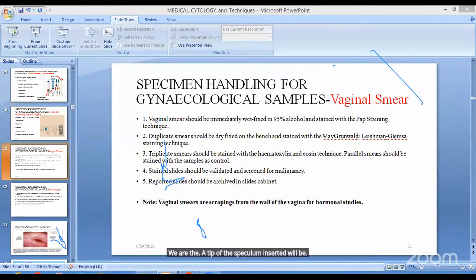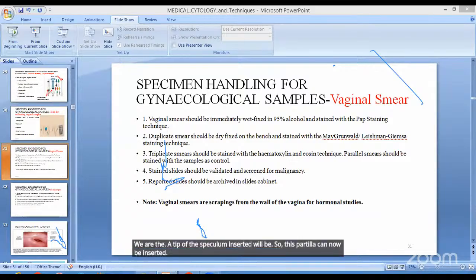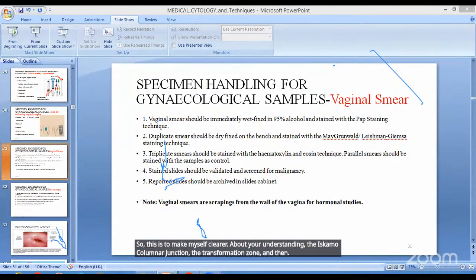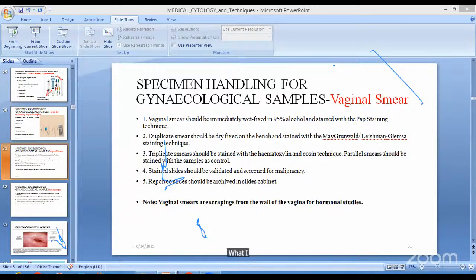So the spatula can now be inserted and used to collect the sample. So this is to make myself clearer about the squamous-columnar junction, the transformation zone, and what I call the metaplastic cells.